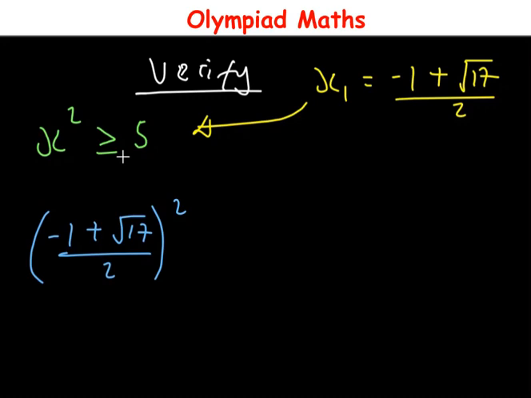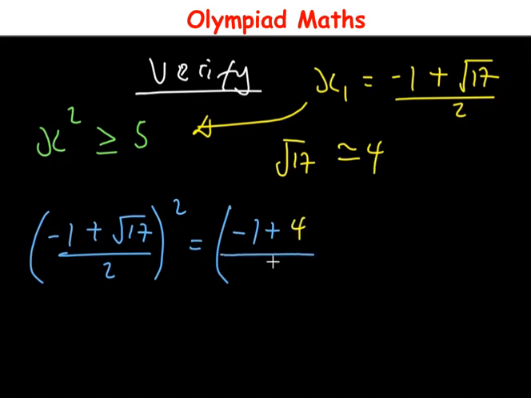Will this be greater than or equal to 5? From here, we have in brackets minus 1 plus, the value of root 17 is approximately equal to 4, so we put down 4, then all over 2 all squared.